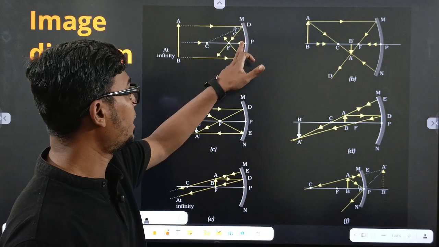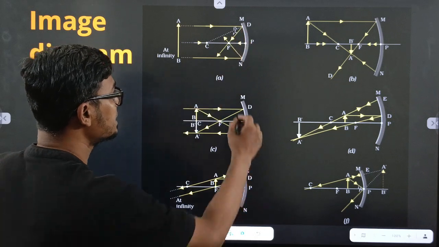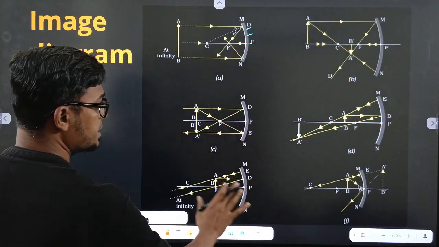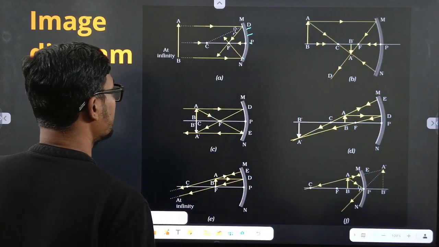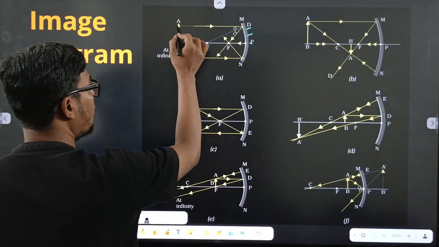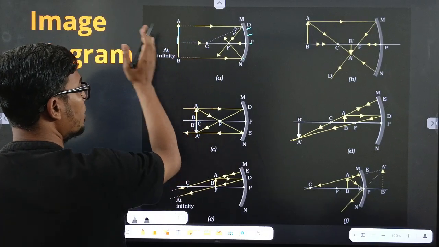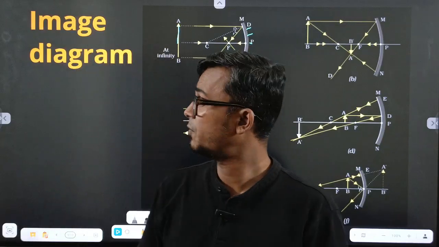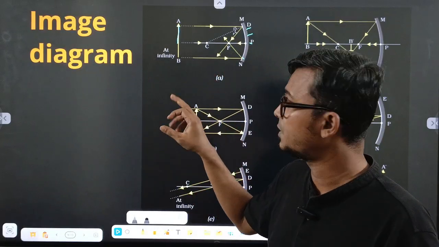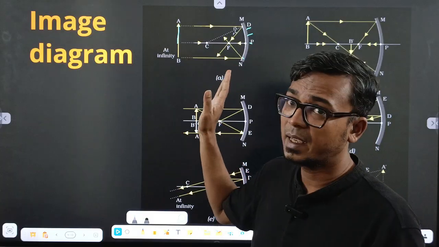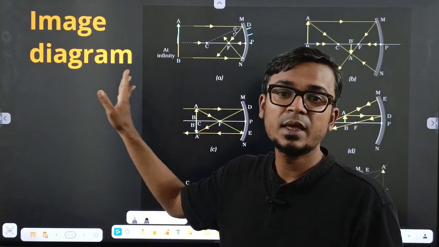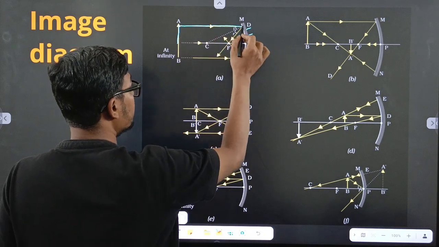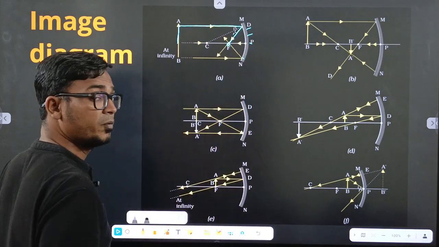Here we have a concave mirror. This is the front side and this is the back side, for these 6 types of pictures. If the object is placed, for picture number A, at an infinite distance, okay, infinite distance, then the image will form at the focal point.